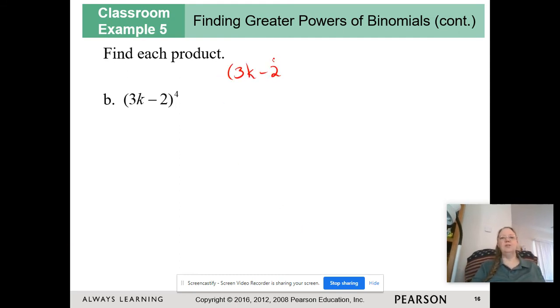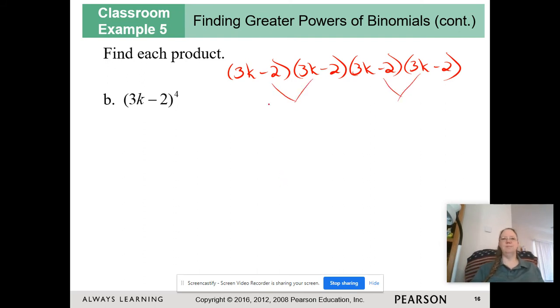3k minus 2, 3k minus 2, 3k minus 2. Now this one, we're going to multiply them kind of two at a time. So we're going to square this, but we kind of already got it because it's going to be the same thing.